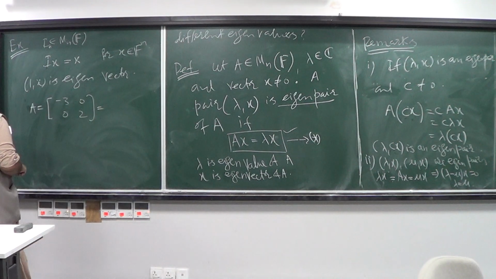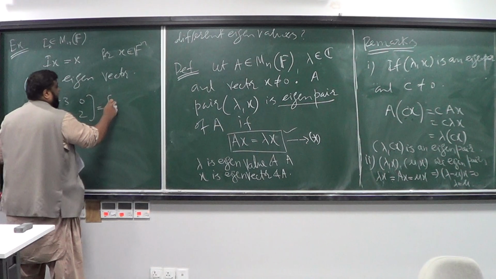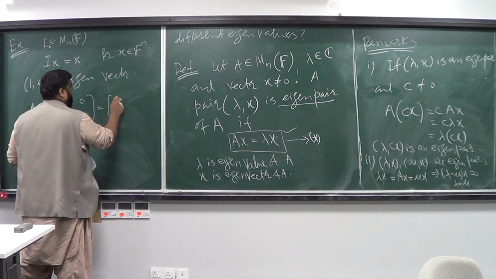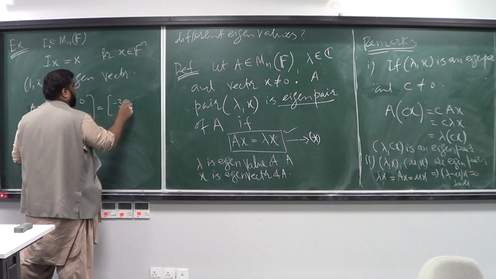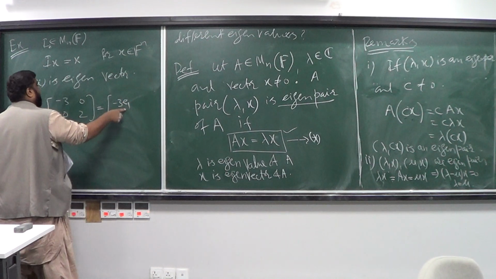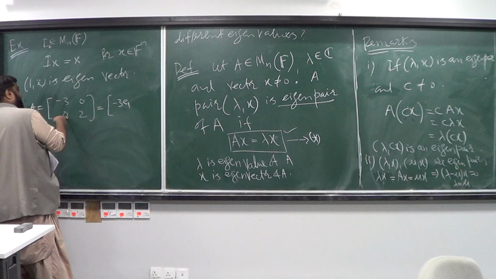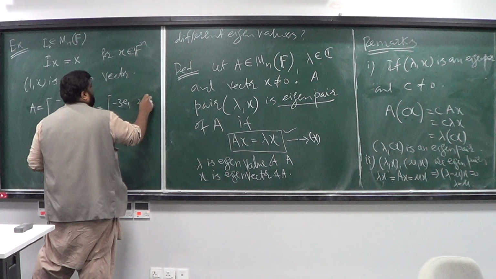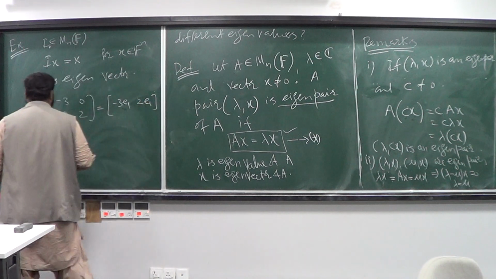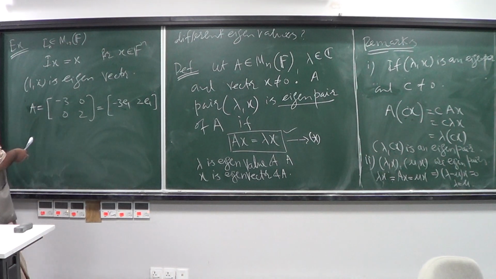Now I can write this as a matrix whose first column is -3E1. In other words, E1 is (1, 0), and -3 multiplied gives (-3, 0), and the second column is 2E2. So this is the matrix A.